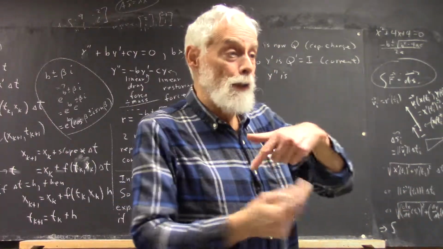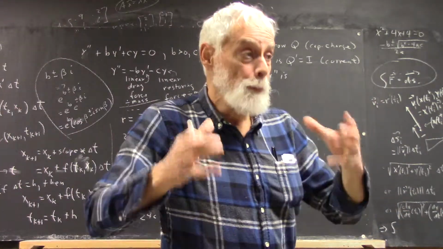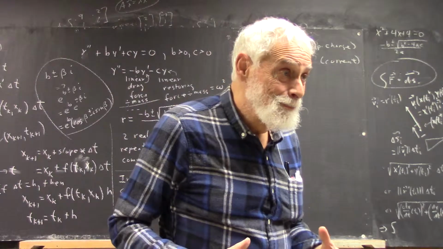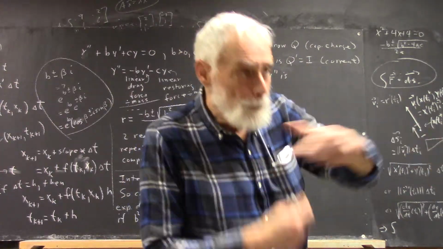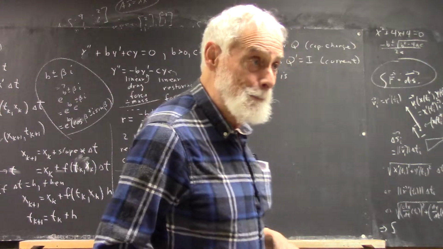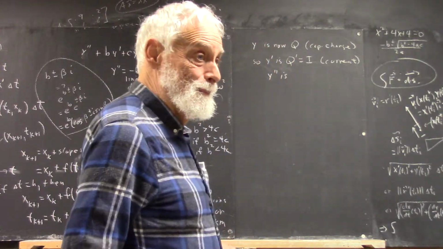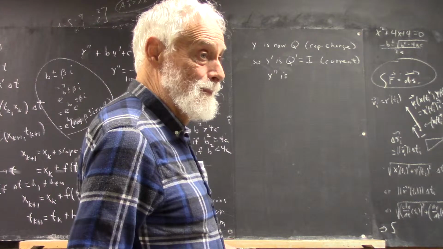In a coil, that's proportional to the rate at which the magnetic field is changing, which is what gives you an EMF that opposes the change in the current. So Y double prime is proportional to the flux?